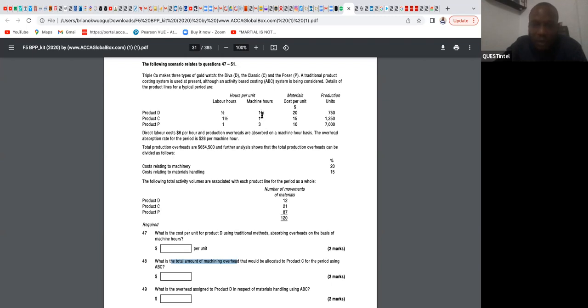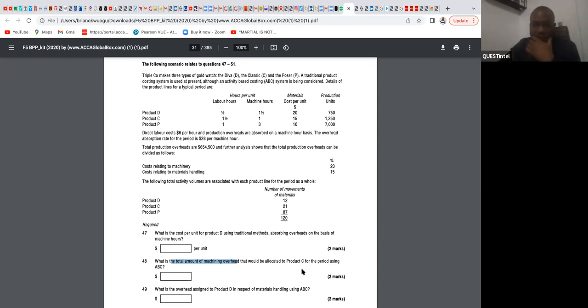So 1.5 times this, 1 times this, and 3 times this. We'll get the cost driver rate per machine hour. And then since there are 1,250 units, we'll get that for machining. So let's try and work that. I think it'll become clearer as we work it.